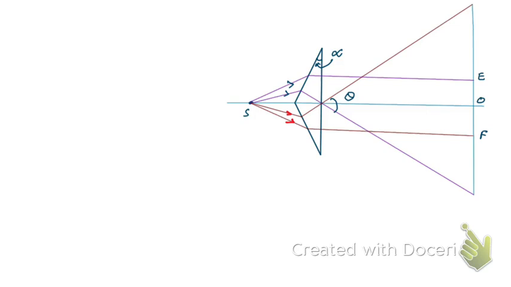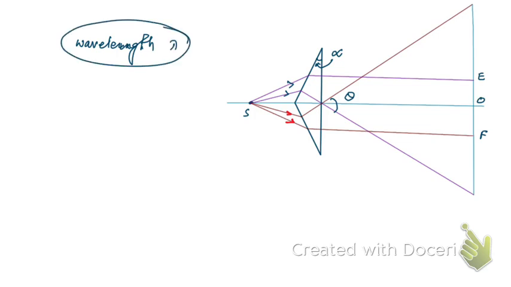First let me tell you that in this video I'm going to show you how to determine the wavelength using Fresnel's biprism, and how to determine the thickness of a transparent sheet when it is placed in the path of the light.